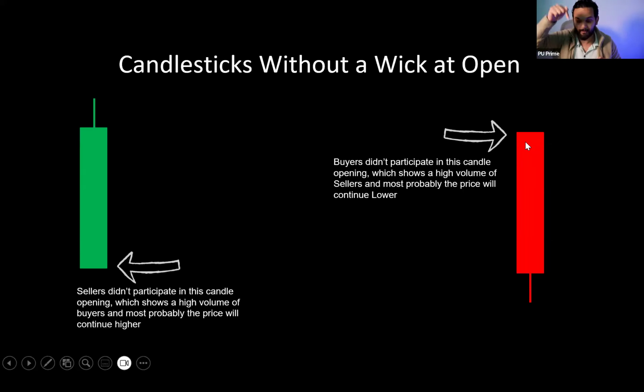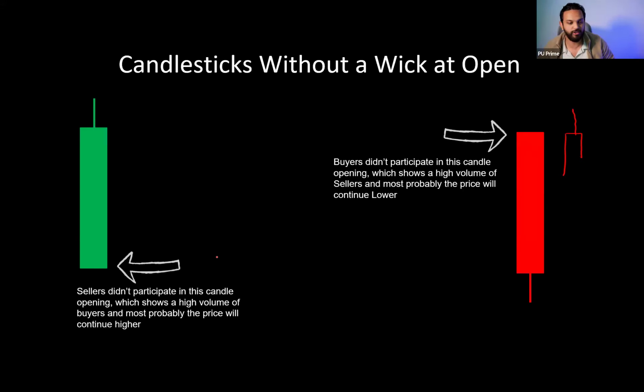The wick happens in a bearish candle when the price starts to go up first and then goes down. Now imagine how powerful the sellers are that they couldn't even allow the buyers to bring the price higher. They didn't allow them to bring the price higher, and then they take control and push down.